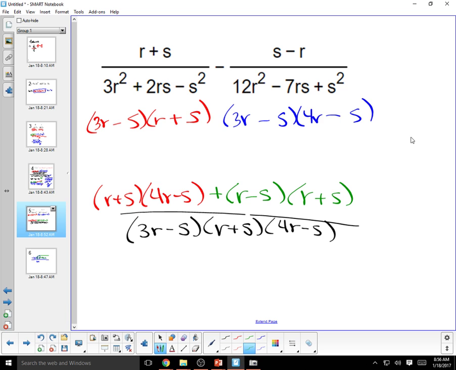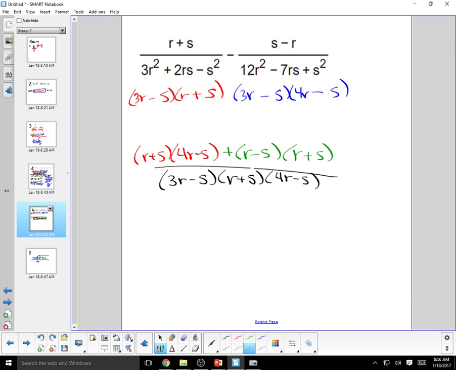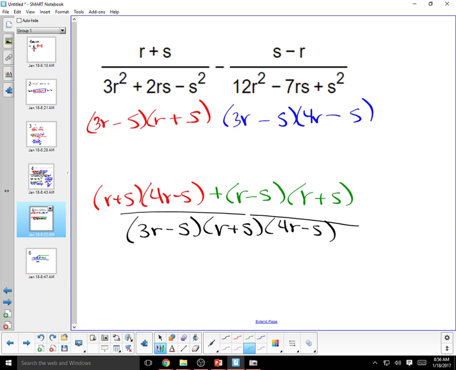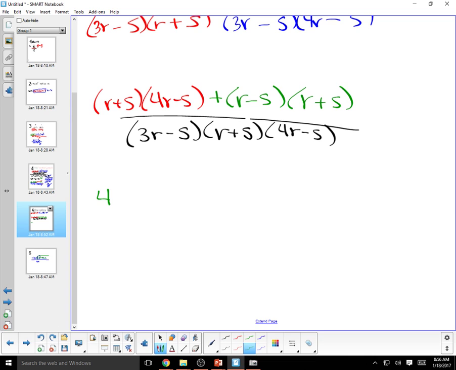So, let's expand the numerator. Oh, I should use the same color. 4R squared. 4RS minus RS is a positive 3RS, and then minus S squared.